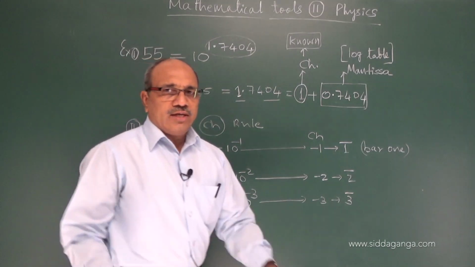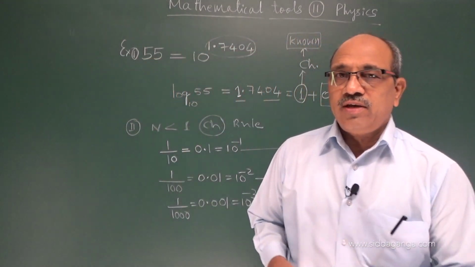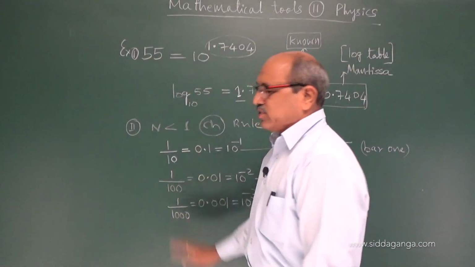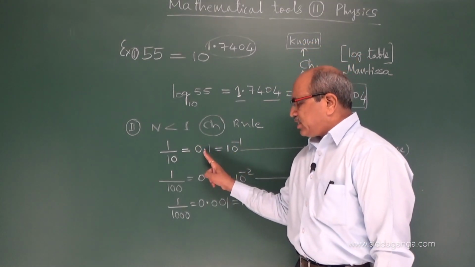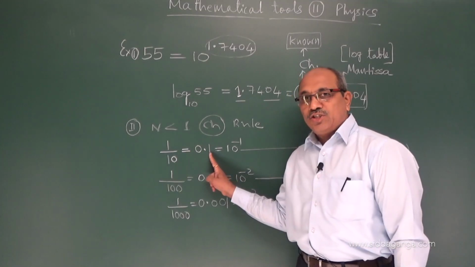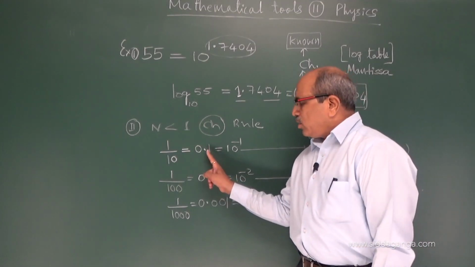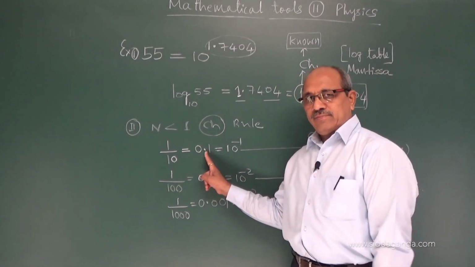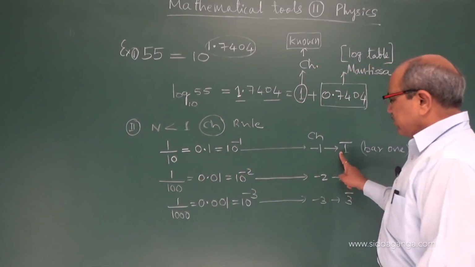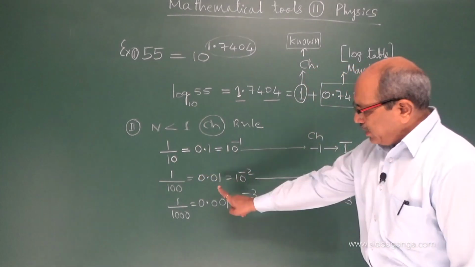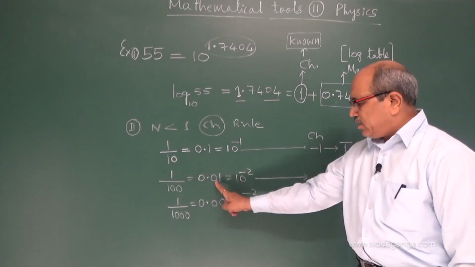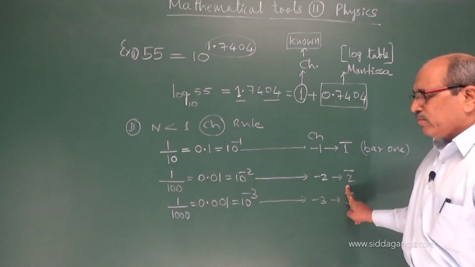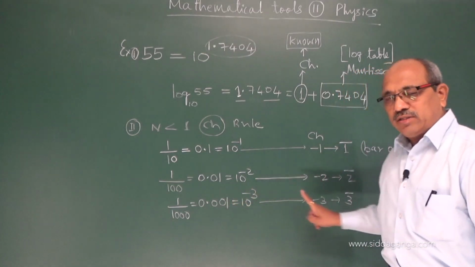So we can go like this for any number which has a value less than 1 as a fraction. See the number of zeros present between the decimal point and the first non-zero digit. No zeros, add 1, it becomes bar 1. Similarly here 1 zero, add 1, you get bar 2. 2 zeros, add 1, bar 3.